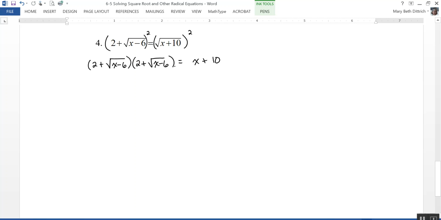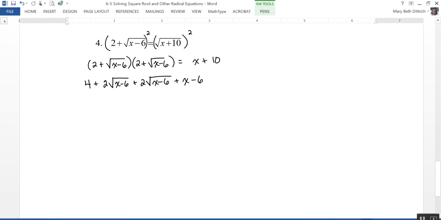I do need to FOIL this. Looks confusing? Let's just take it one step at a time. First, 2 times 2 is 4. Outer, 2 times square root of x minus 6 is just 2 square root of x minus 6. Inner, same thing, plus 2 square root of x minus 6. And last, square root of x minus 6 times square root of x minus 6 is just x minus 6.